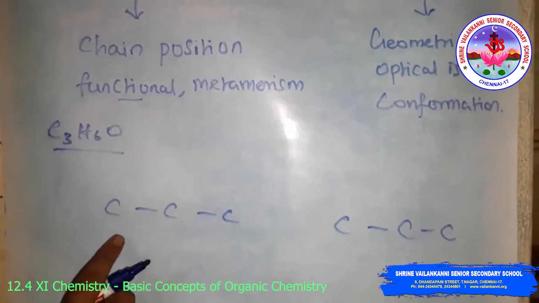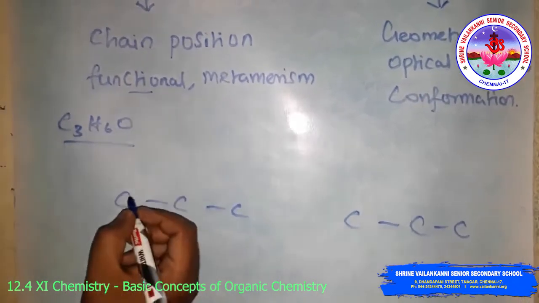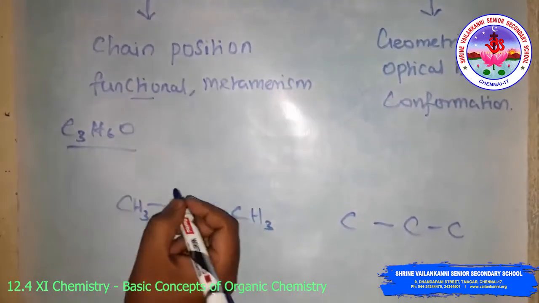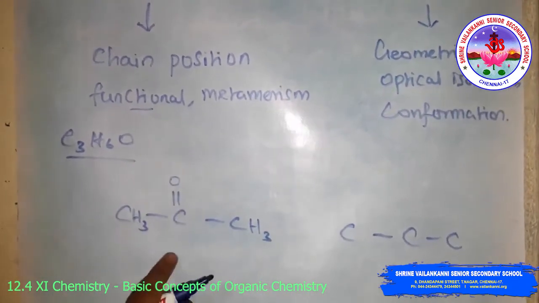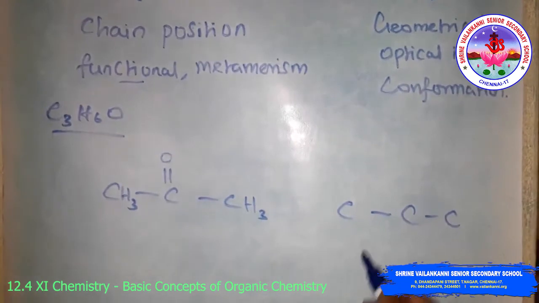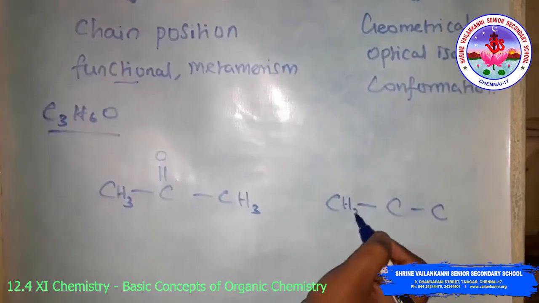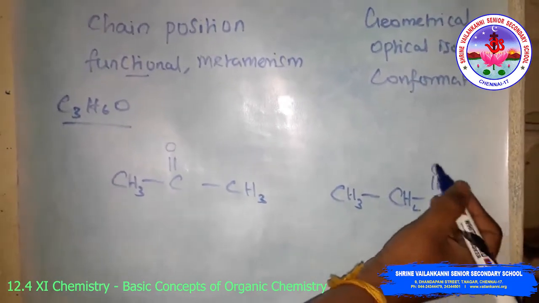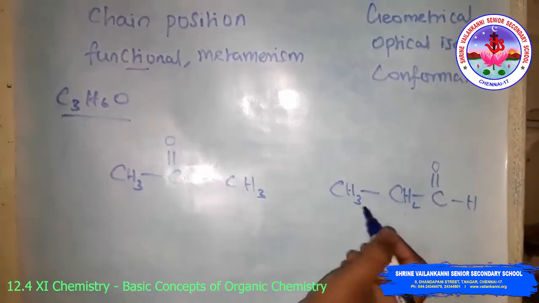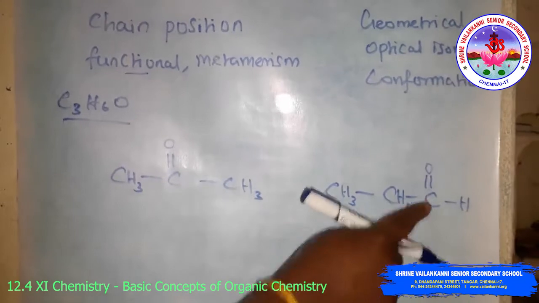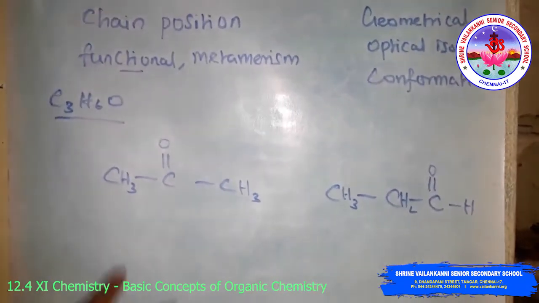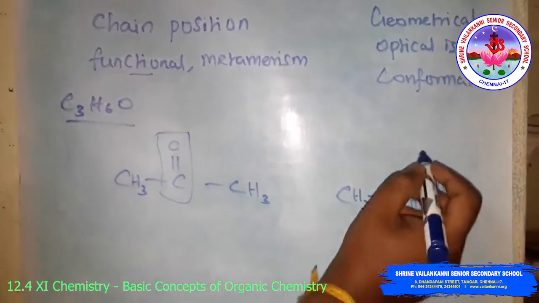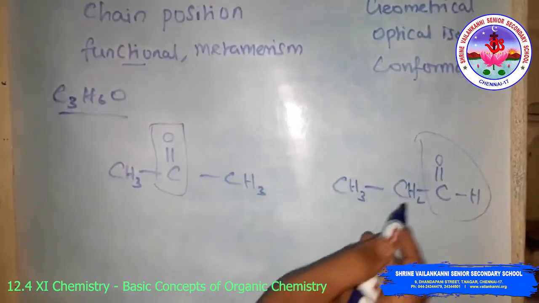How many hydrogens? 6 hydrogens are there. So I can write 3 hydrogens and 3 hydrogens, and the remaining oxygen. One way is CH3 CH2 CHO. Now count the hydrogens: 6, oxygen 1, carbon 3. So in the two arrangements, one group is called the ketonic group and the other the aldehyde group, CHO.